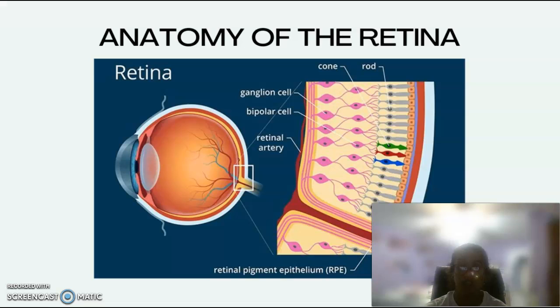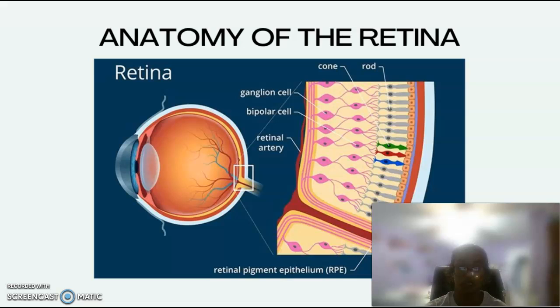And the brain then turns these impulses into images. Furthermore, the retina is derived from the neural tube and is therefore part of the central nervous system. It consists of two parts: the retinal pigment epithelium, which separates the middle choroid coat of the eyeball from the other innermost component, and the neural retina.